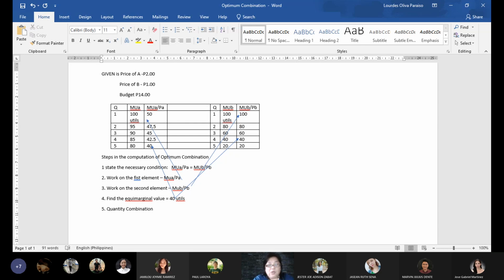If you are looking for your quantity combination, therefore, for your table of utility of A, your quantity combination is how many of good A and how many of good B. So, when you have 40 there, what is now your quantity?